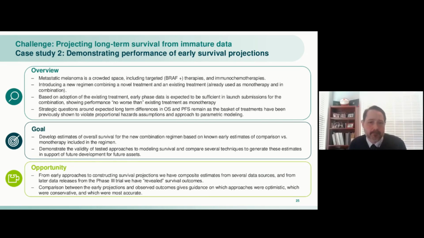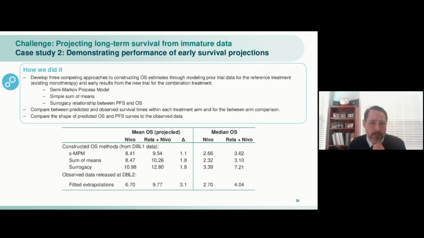So again, this was a piece of work that was presented at the European ISPOR meeting in 2022. And again, a thank you to the colleagues that we worked with within BMS as well as ICON.